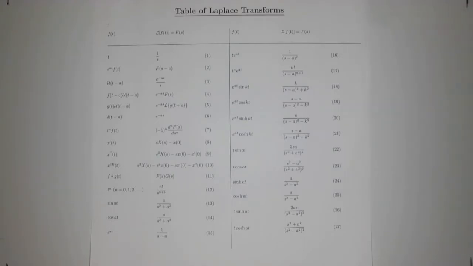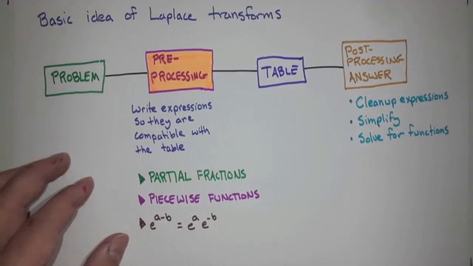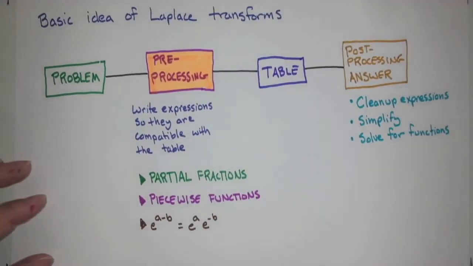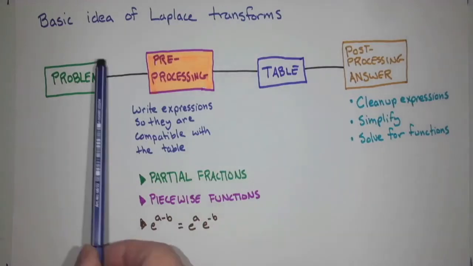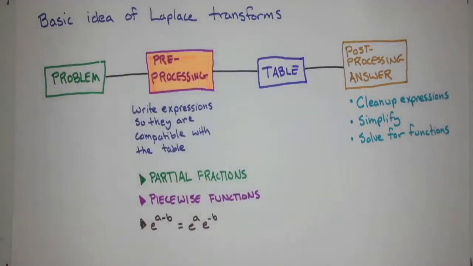Okay, so I'm not going to spend too much time on this table. I just want to sort of say, what's our basic idea? So we're going to have these Laplace transform problems. And more or less, there's a flow to them. And it goes along the lines of the following. You're given a problem. Okay, great. And then what you have to do is some preprocessing.